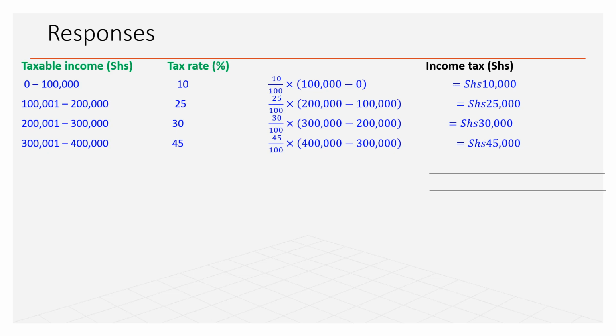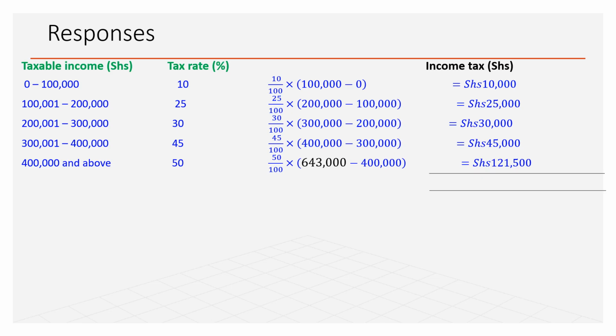And now, since our money is 400 and above, it is not within the scope of the earlier ranges. So we get to 400 and above, and that's why we are including it within this range.